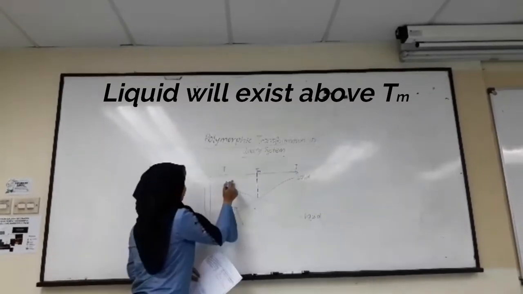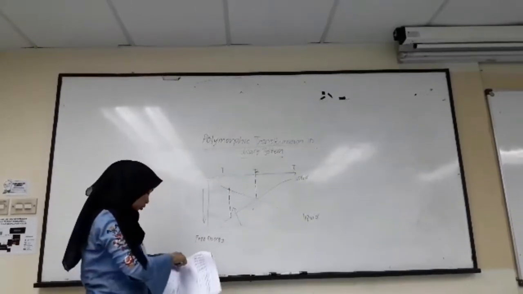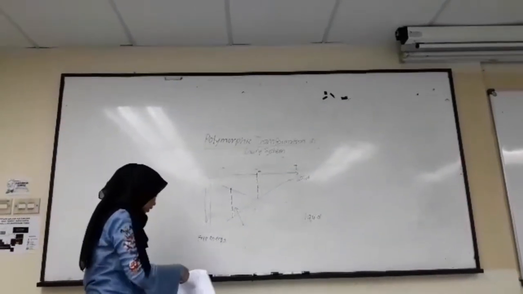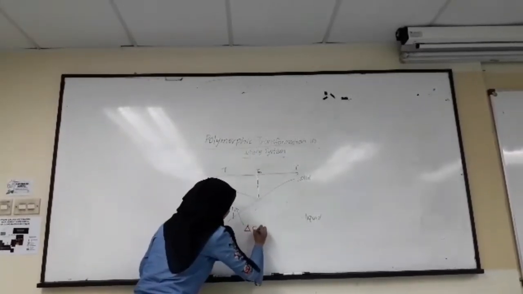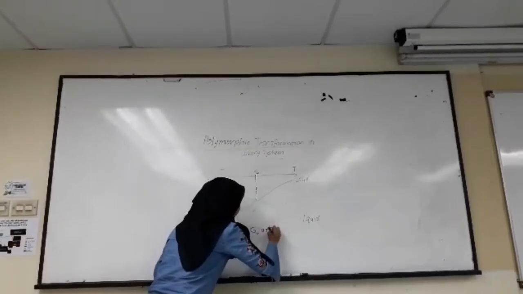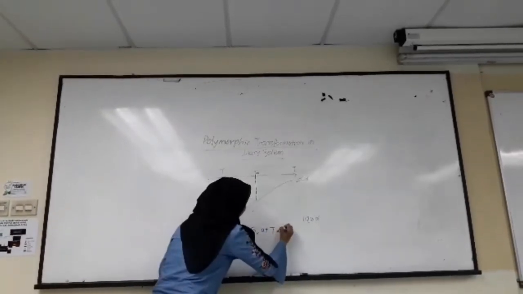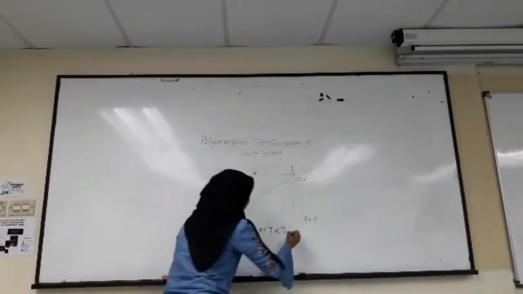At this point, which is known as T, the free energy at T is below the melting point, Tm.